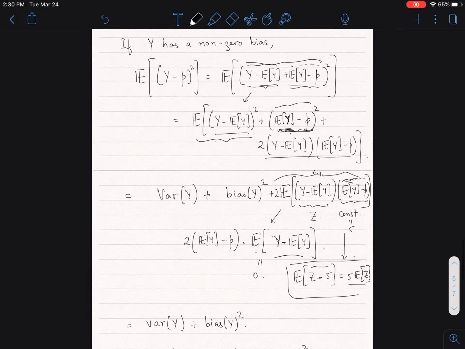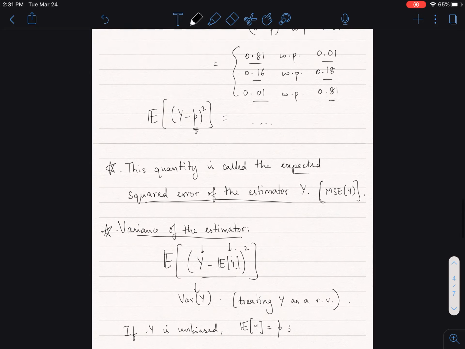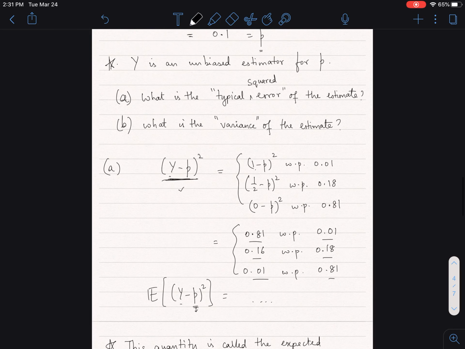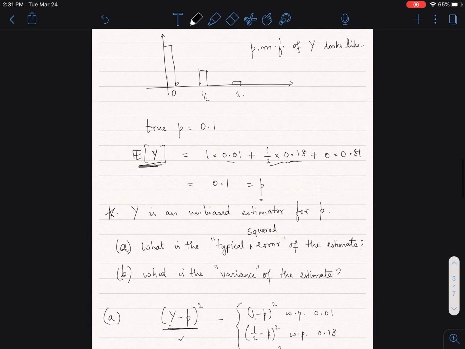Now let's get back to our example. Getting back to this example of a coin whose heads probability is 0.1, and of course you don't know this, and you are given a bunch of examples.